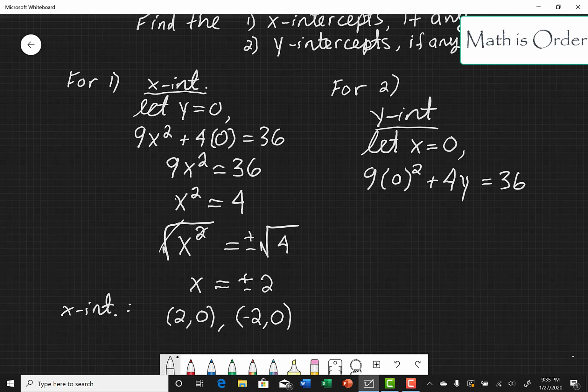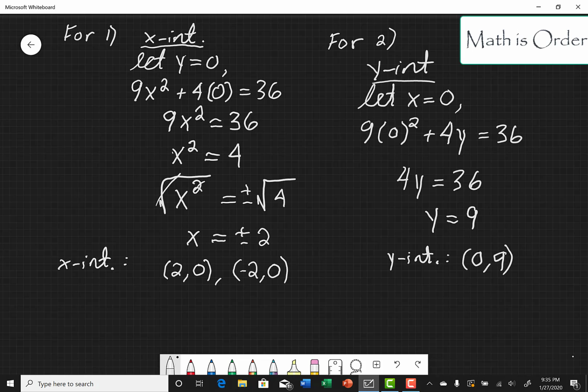And simplify this and solve it for y. So simplifying is giving us, so we can see that the y-intercept is (0, 9).